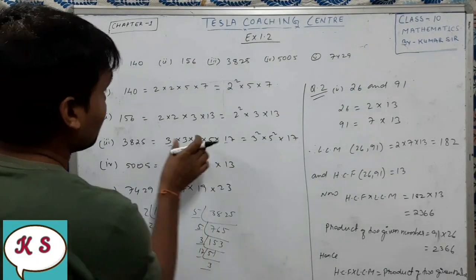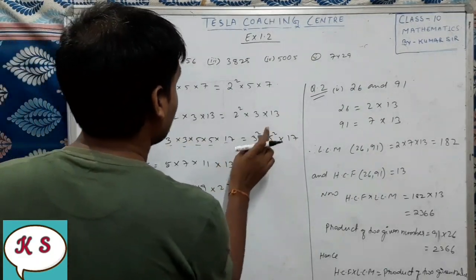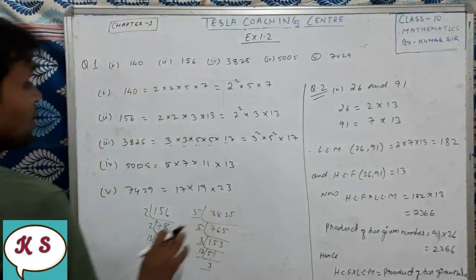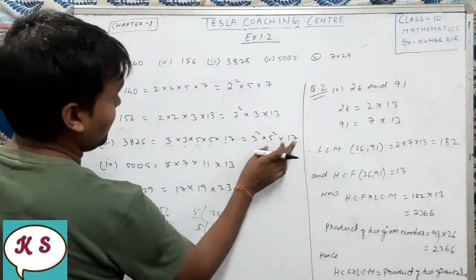How many 3s are there? 2, so 3 to the power 2. How many 5s are there? 2, so 5 to the power 2 into 17. So this is the product of the prime factors.